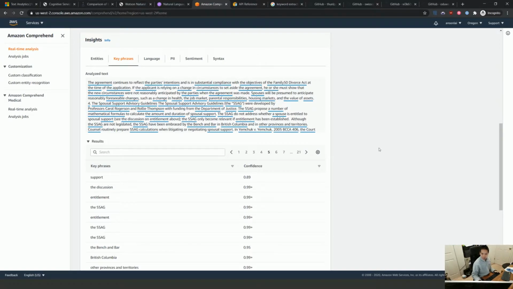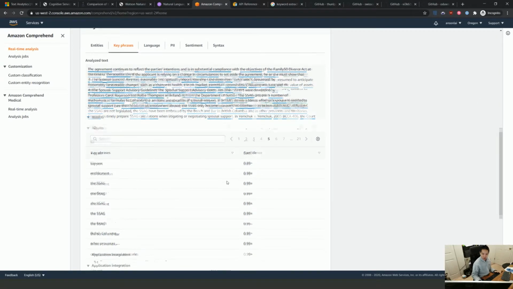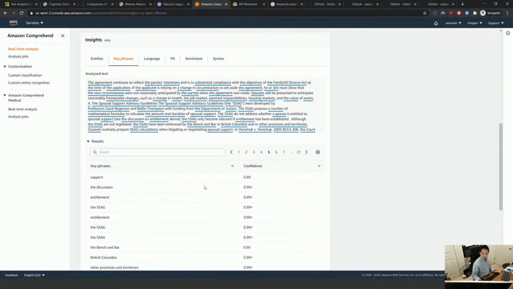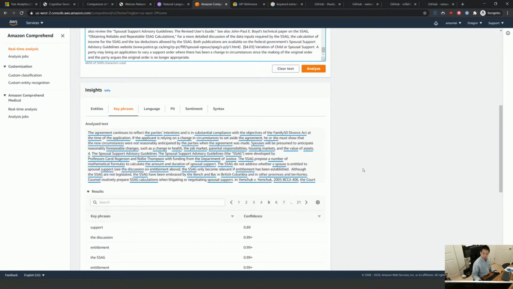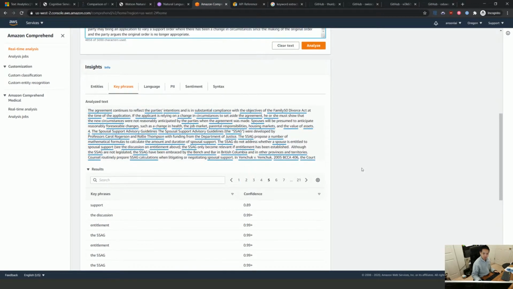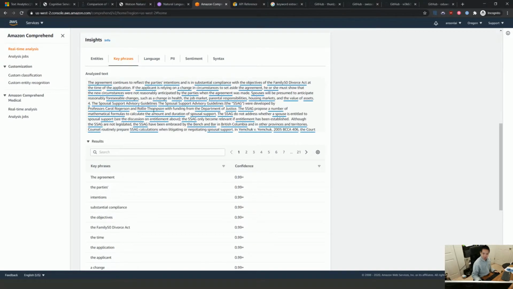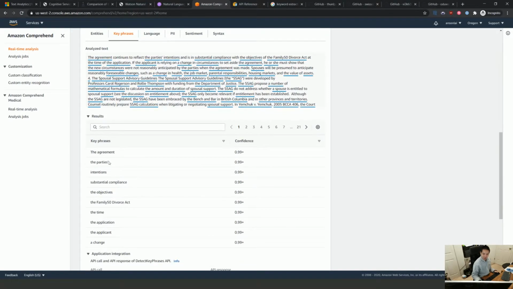Amazon, once you log in, lets you try out Amazon Comprehend with just 5,000 characters. I threw in a random piece of text and I am not at all impressed. Look at this, they are highlighting all sorts of things.